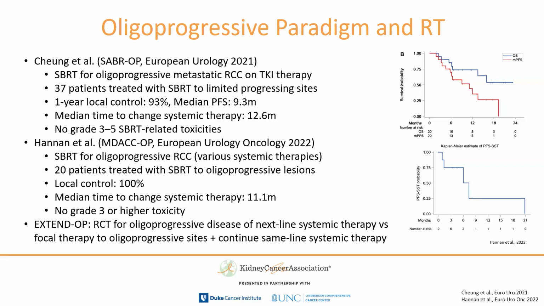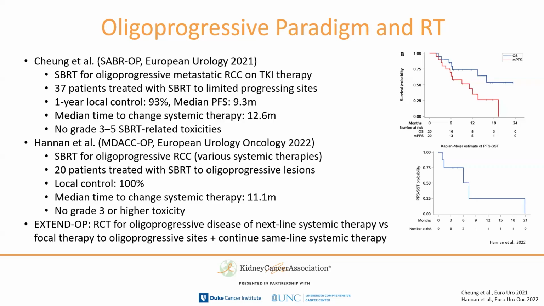So here I'm highlighting 2 studies that were designed to include patients who were on systemic therapy. One of these was limited to patients who were on TKIs. The other allowed various lines of systemic therapy. And for patients who were experiencing disease progression at limited sites, they offered radiation to all of those sites. And both of the studies showed strong local control.